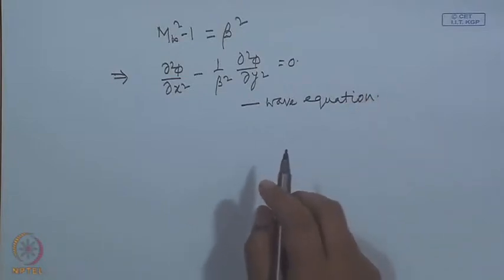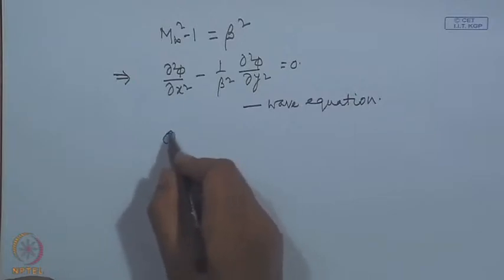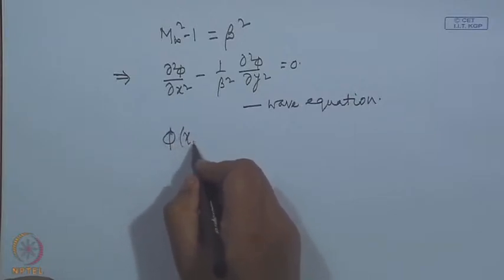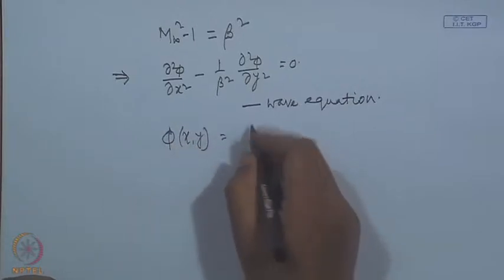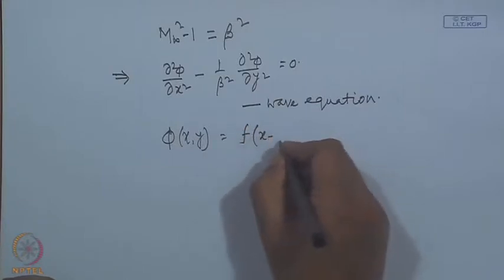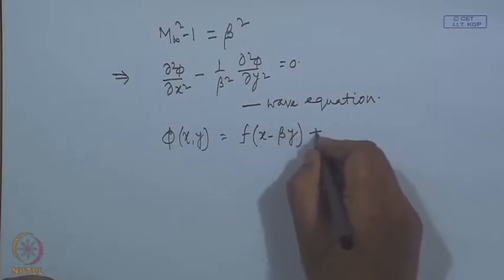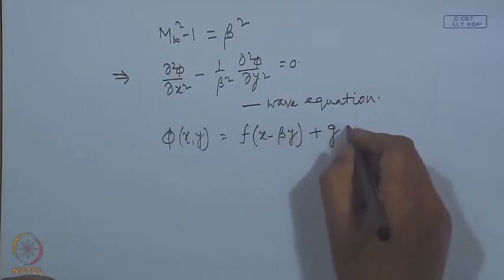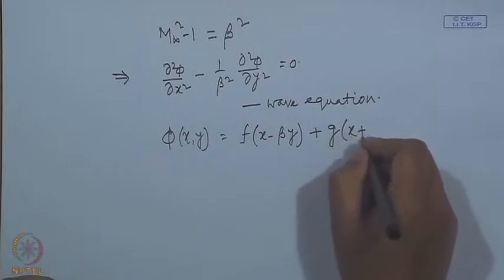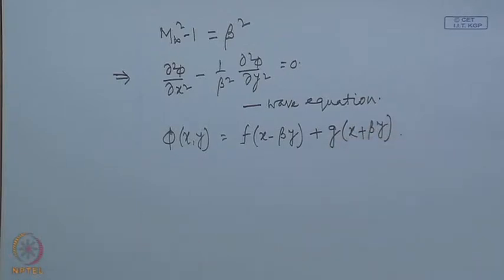And we have a very well known solution for this, which is phi x y equal to f of x minus beta y plus g of x plus beta y. The solution is quite well known.